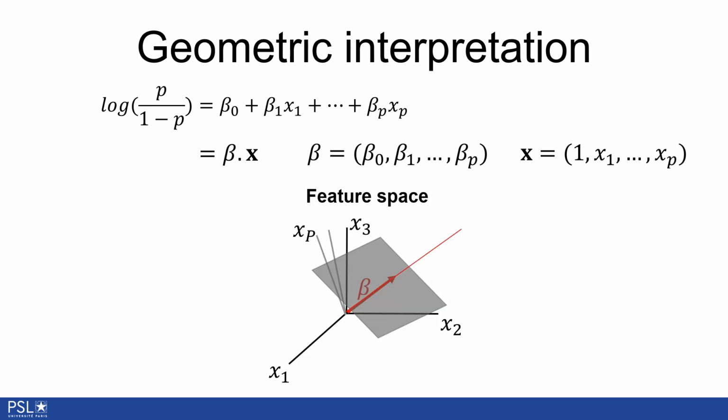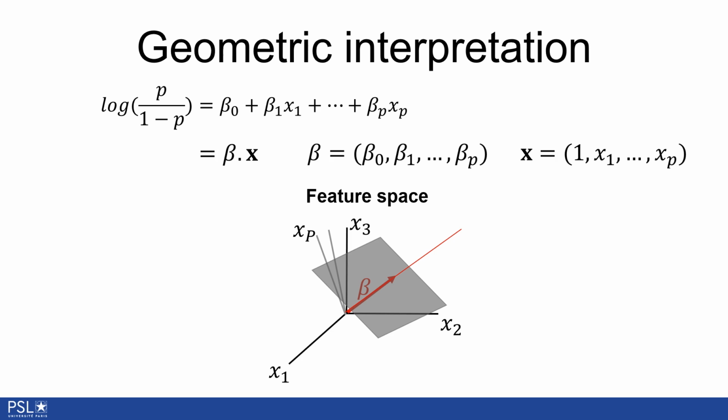This directly leads to a geometrical interpretation in feature space, where each axis represents the value of one of the input features. The vector beta defines a direction in this feature space and a hyperplane orthogonal to this direction. This hyperplane corresponds to the set of points on which the scalar product has the same value, and therefore the log odds have the same value.